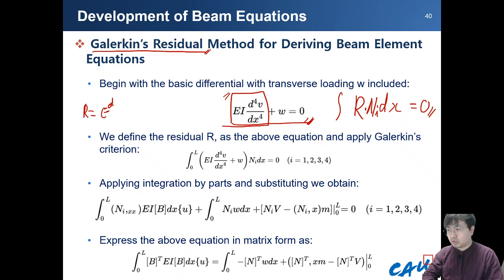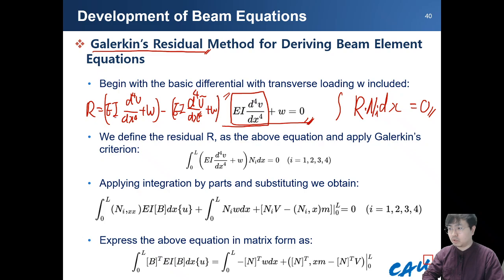The residual is EI, and then the force, plus W. This is the exact solution, minus the numerical solution V hat. W is the exact solution, V bar is the numerical solution.